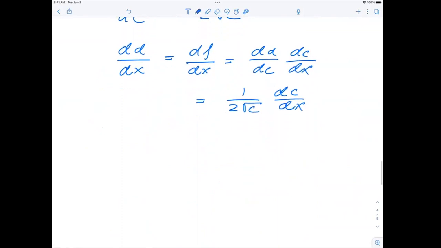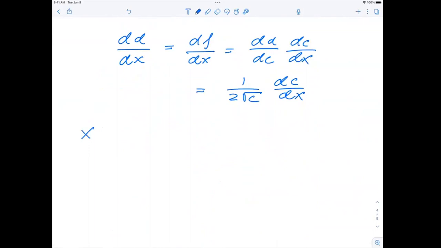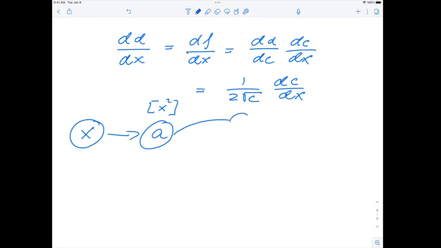So what we're going to first do is actually set this up in a graphical way. What we're going to do now is just feed this into a function. So we have a here, and that is given by x squared. That's a specific function which is fed in here. Then we have a small detour, and we calculate the exponential in order to get this quantity b, which is given by the exponential of a.